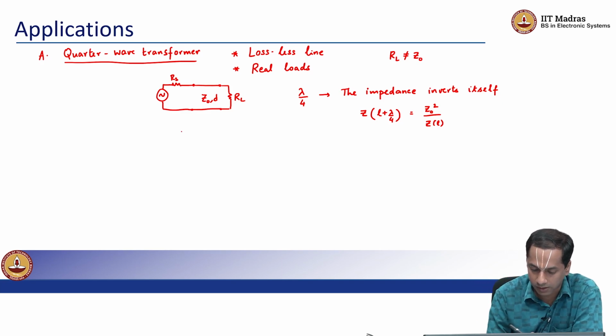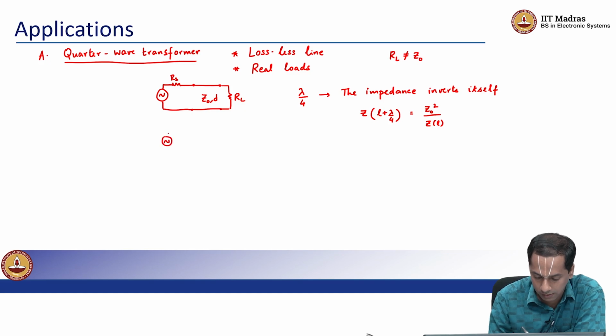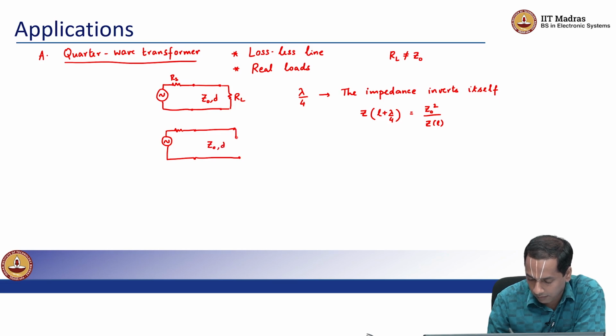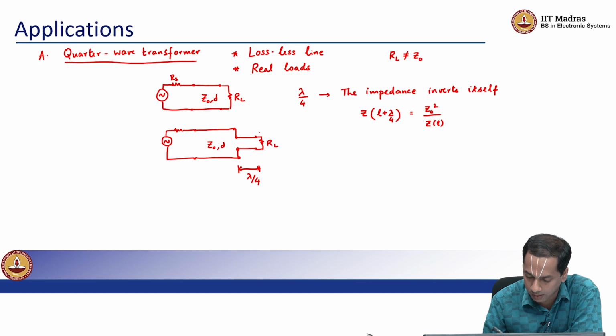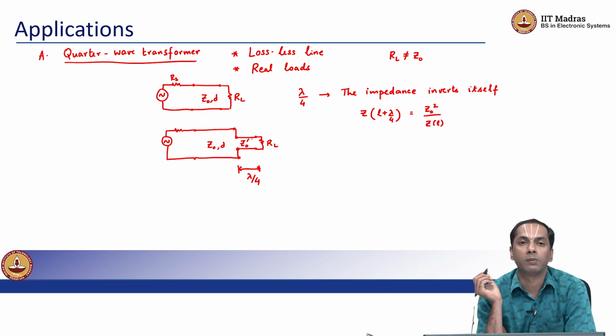So let us look at a situation where I can insert a transmission line of a very specific impedance, and the length of this is lambda by 4, and it has a characteristic impedance that is Z0 prime.